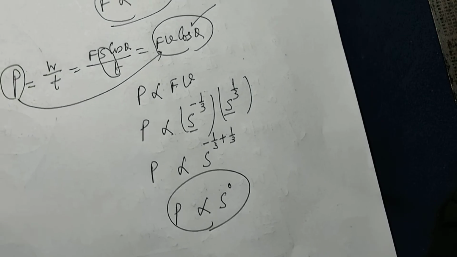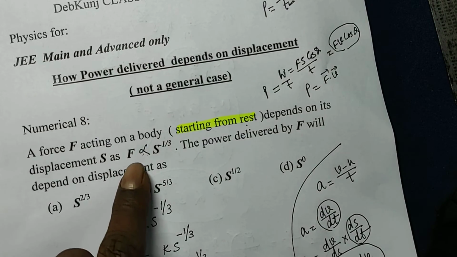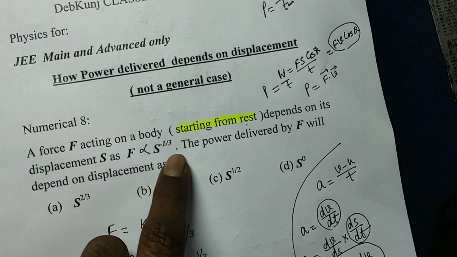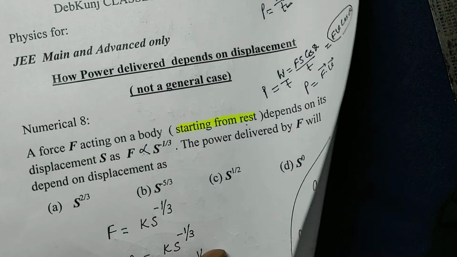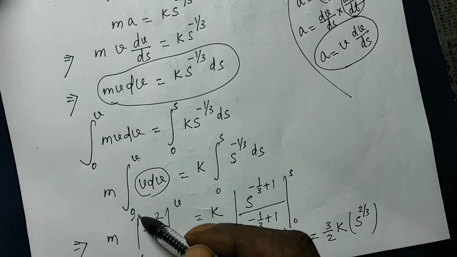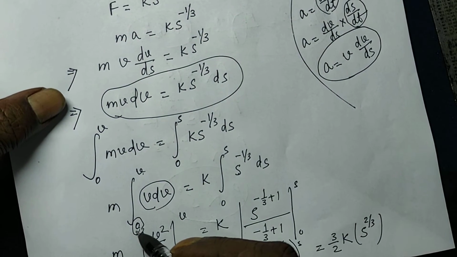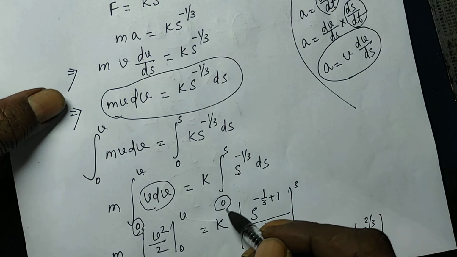This is not a general case. Under this particular condition, that is when F is proportional to s to the power minus 1 by 3, starting from rest, because I have taken the limit of the integration from 0. When the velocity was 0 starting from rest, the initial displacement was 0.